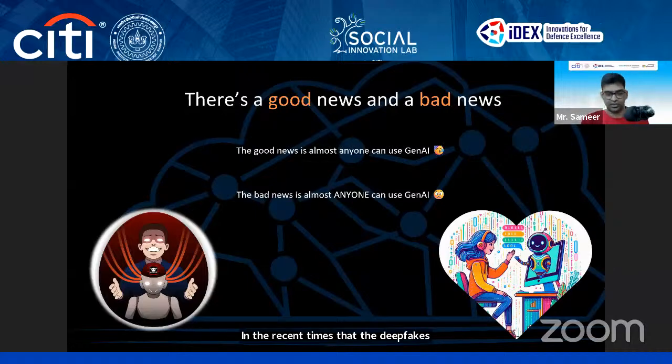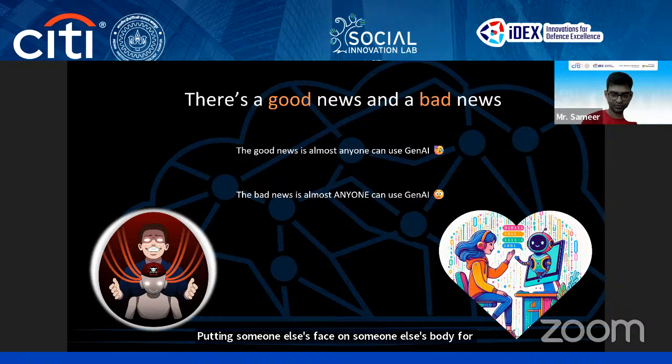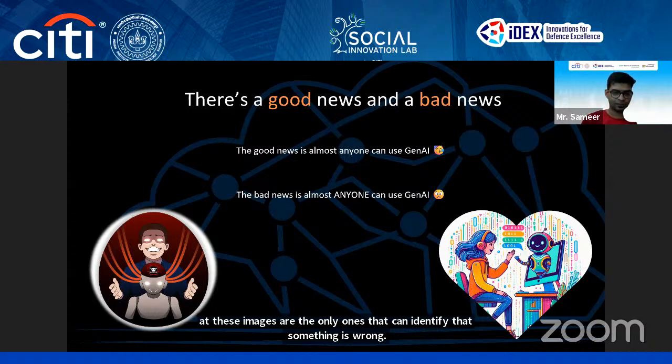Putting someone else's face on someone else's body very convincingly. So people who have been very trained in looking at these images are the only ones that can identify that something is wrong. Otherwise, for the general public, it just looks like a real image, right?